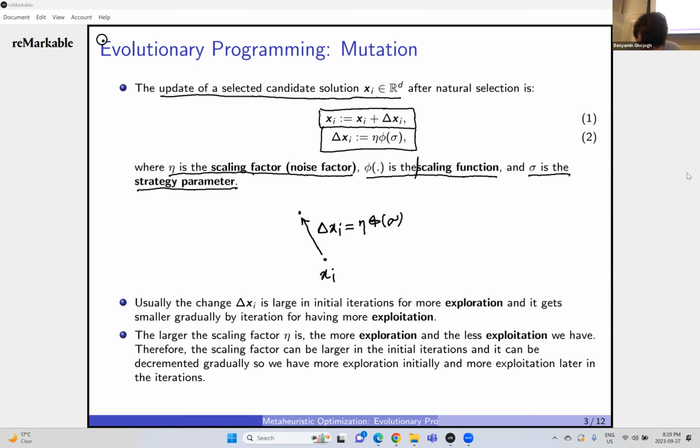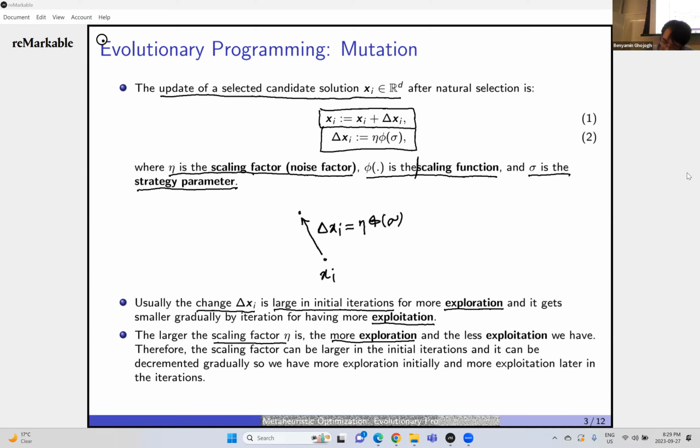Usually the change delta Xi is large in initial iterations because initially we want to explore more, right? But later we want to exploit more. Therefore, delta Xi will be smaller. So initially for exploration, delta Xi is large and gradually it gets smaller to have exploitation. The larger the scaling factor eta, the larger the delta X, the more exploration.